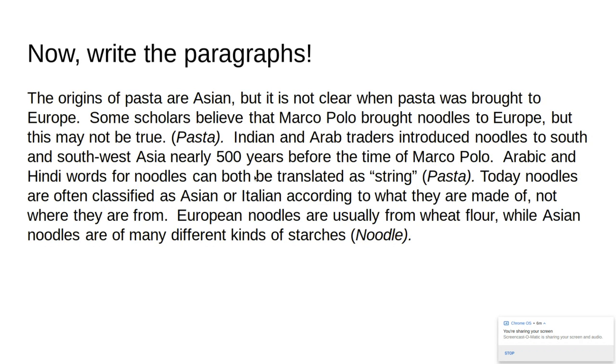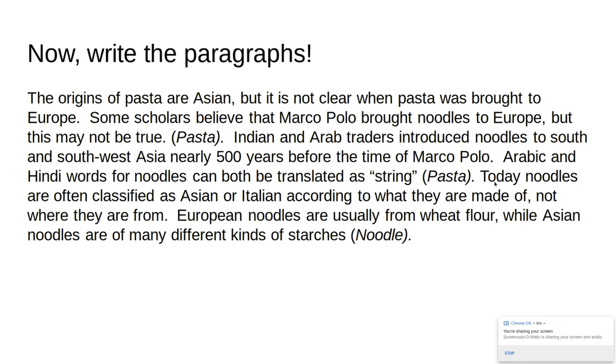Arabic and Hindi words for noodles can both be translated as string. Again, that was from Pasta. Now, I could have used just one of these citations, not both, because they're both from the same source and they both follow right after each other. But putting the citation in here twice is okay.